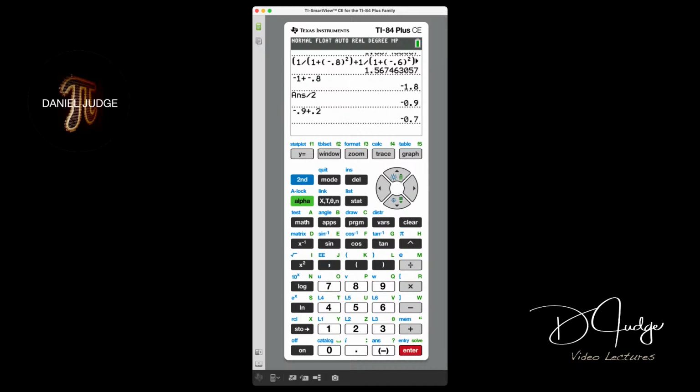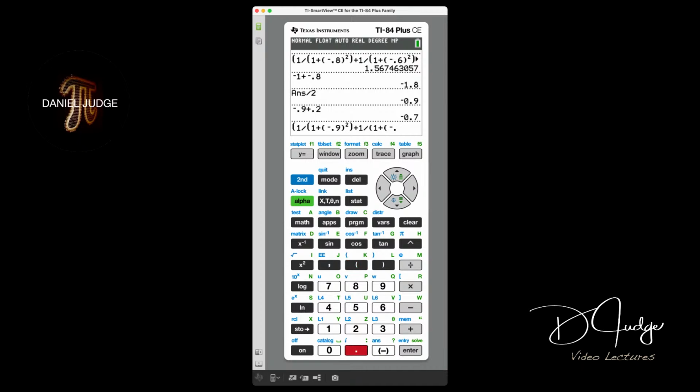So we're going to clear that out. I guess we can keep it. Parentheses. Here we go. 1 divided by 1 plus, in parentheses, negative 0.9, close that there and square it. Close it again. Plus 1 divided by, parentheses, 1 plus negative 0.7 and close that. You're going to square this. Close it.